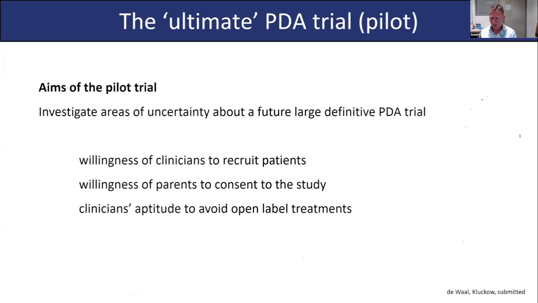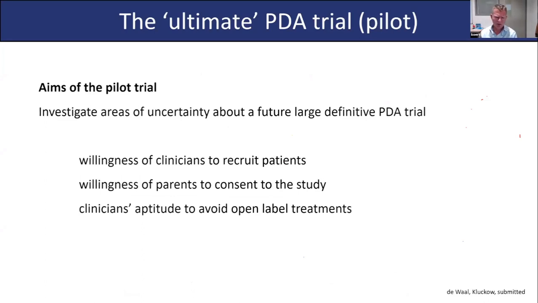The aim of the pilot trial was to investigate certain areas of uncertainty about what a future PDA trial should look like. We started off with a big survey in ANZN and asking everybody, do you think it should be early treatment, late treatment, what medications, what doses? We asked them a lot of questions about what the clinicians in our region would think a future PDA trial would look like.